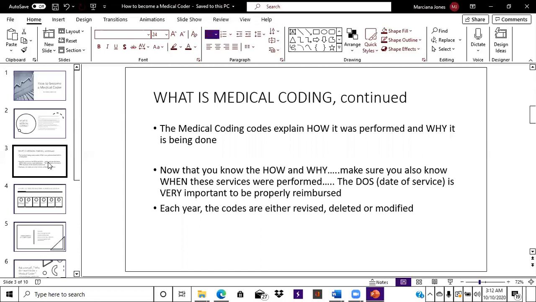Now, each year the codes are revised. Each year, a new code book comes out. They're either revised, deleted, added, or modified. Actually, this month the ICD-10 book drops. Every October, annually, a brand new book comes out. There aren't many changes in the book, but of course there are a few. Sometimes they get more specific, or they delete codes.